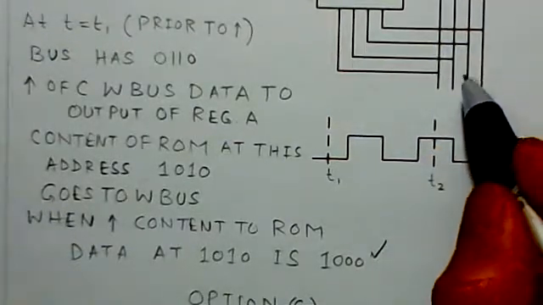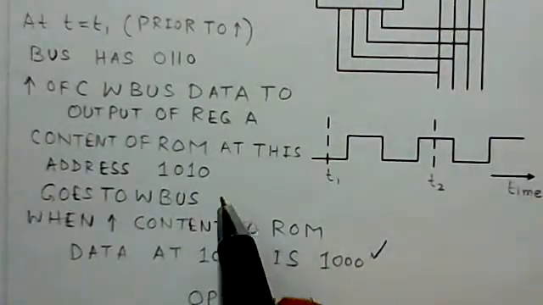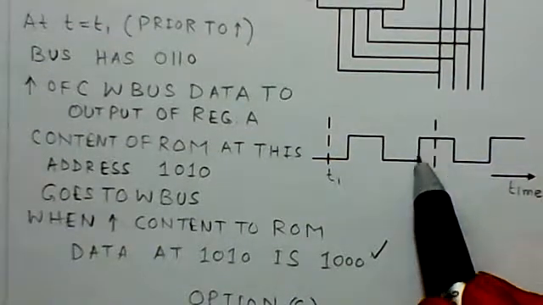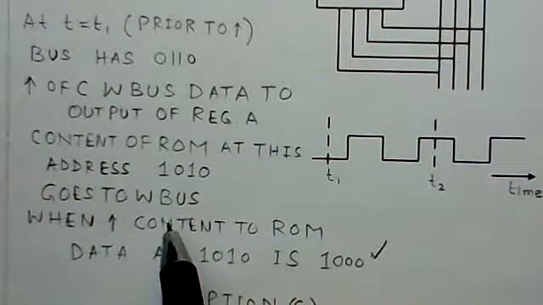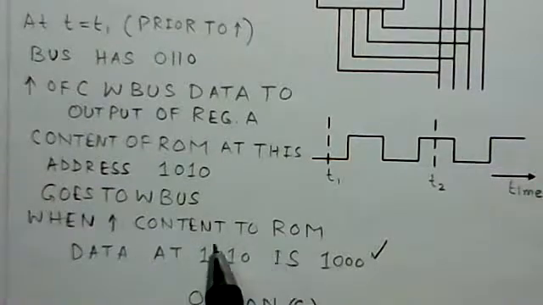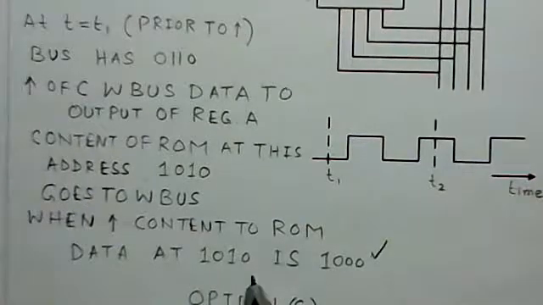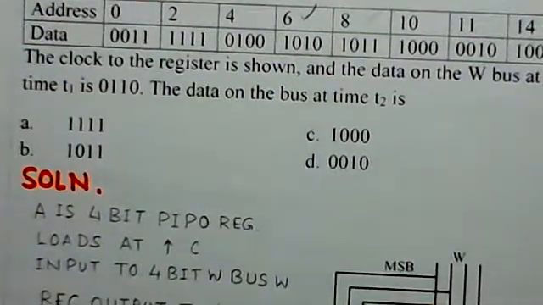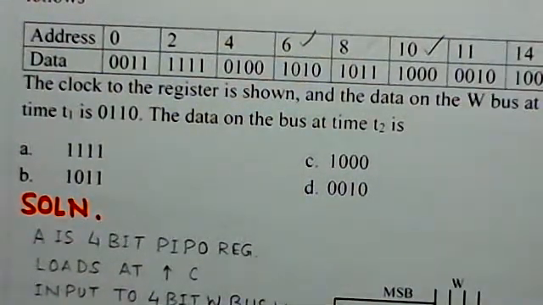It goes to the bus, and from the bus it goes again to the parallel-in parallel-out register. The next rising clock will have this 1010 as an address, and when the rising clock comes, it will go to the input of the ROM address, and 1010 corresponds to 10 decimal, and at address 10 decimal, you can notice the content is 1000.